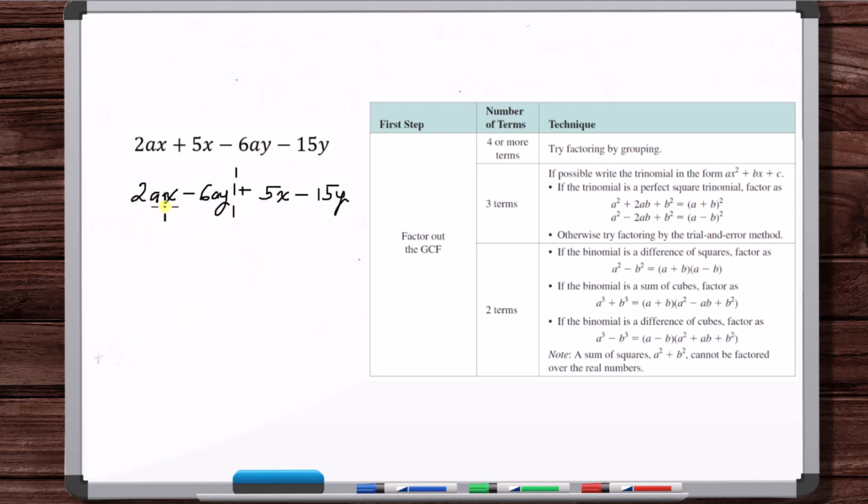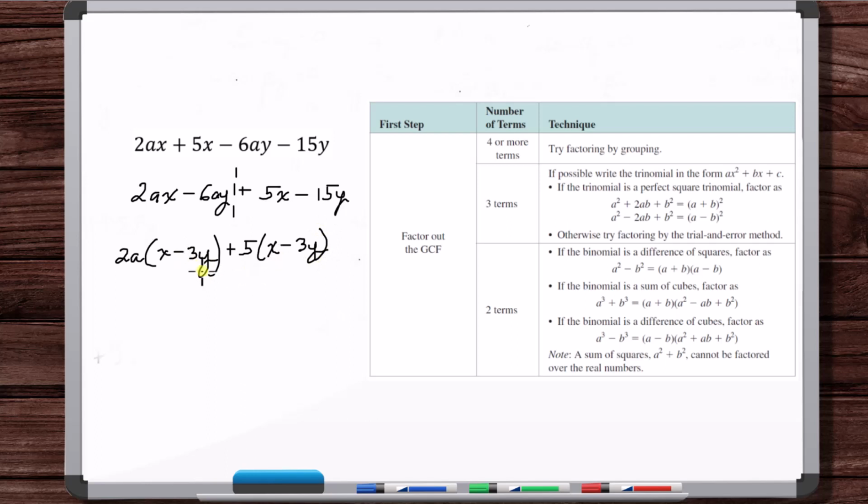Now we're going to take out a greatest common factor here and a greatest common factor here. Okay, so what's the greatest common factor here? It's 2a, and we're left with x minus 3y. The greatest common factor here is 5, and we're left with x minus 3y.